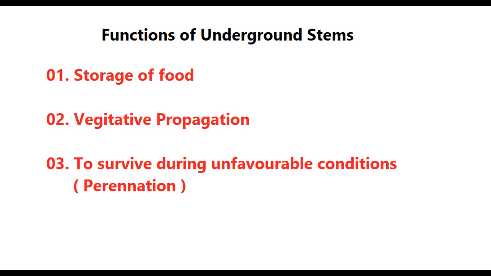Now, if you take a piece of ginger and plant that piece, it will grow as a new plant, which means this underground stem is important as a vegetative reproductive structure, right? So, the second function is vegetative reproduction. Some underground stems are important for vegetative propagation or reproduction.